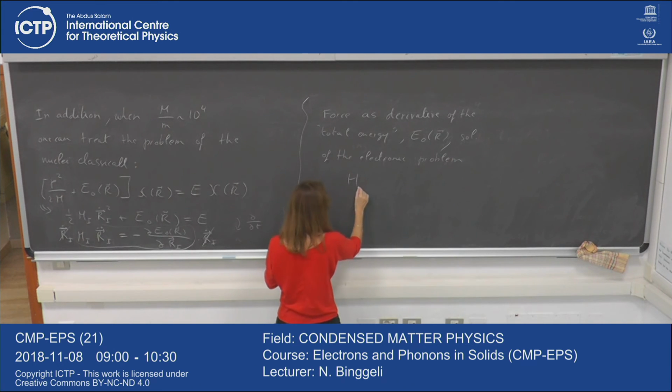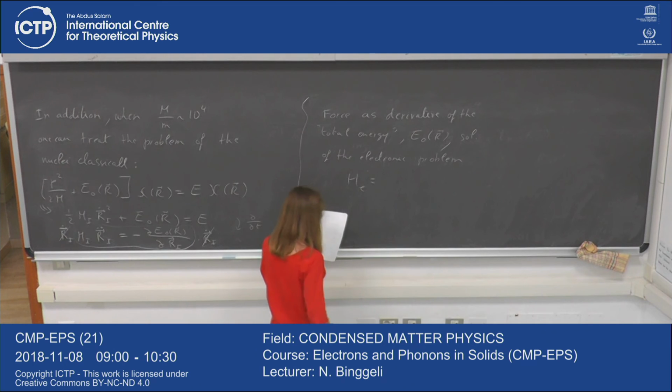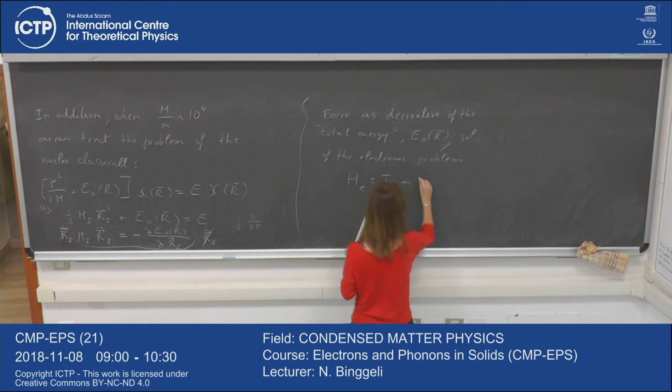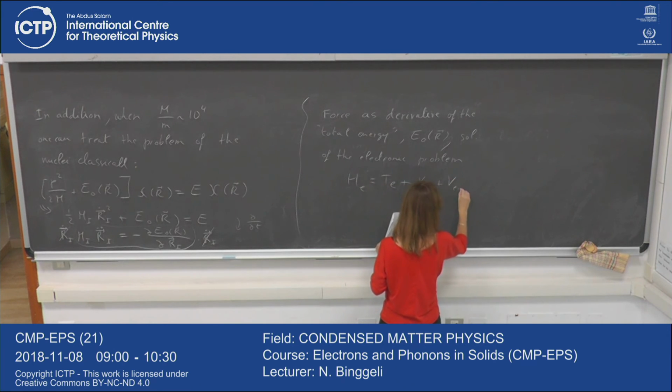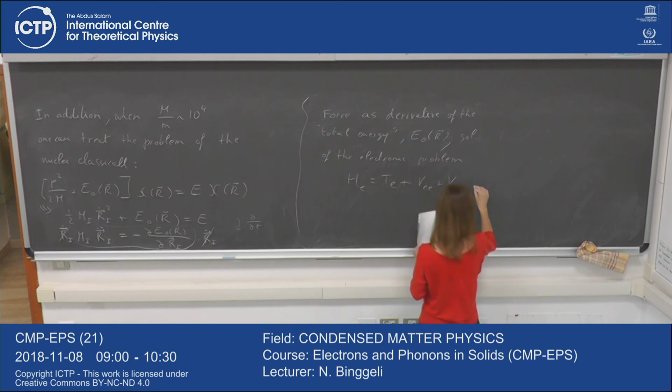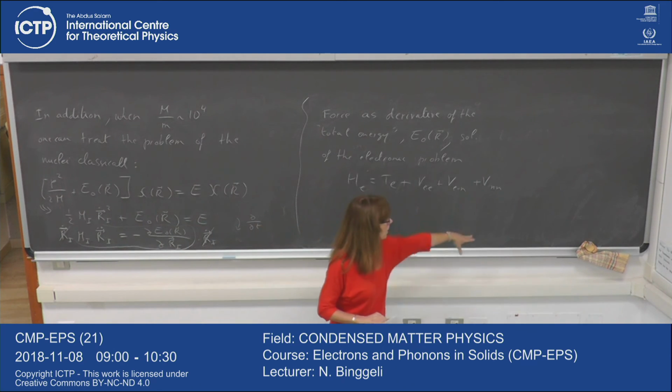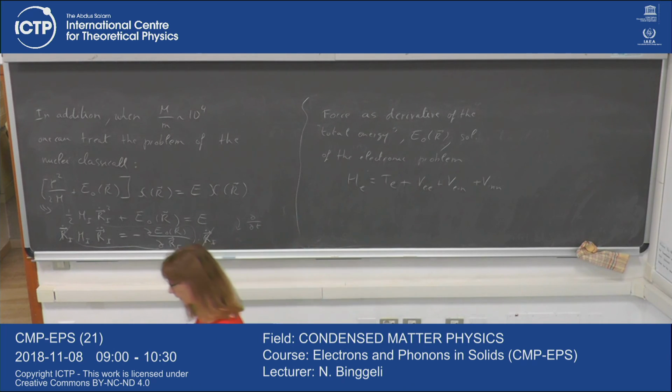That is the Hamiltonian for the electron that will include its kinetic part, the electron-electron interaction, the electron-nucleus interaction, so this potential, and one also includes the nucleus interaction, which is just, from the point of view of the solution of the electron, just a parameterized term.